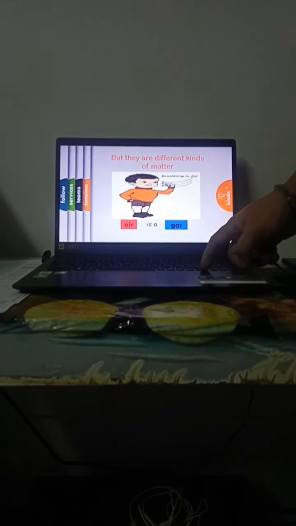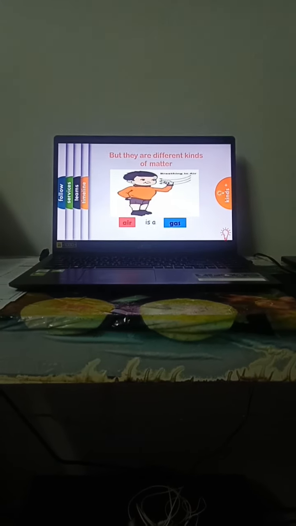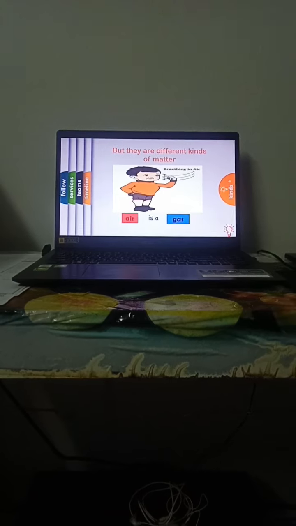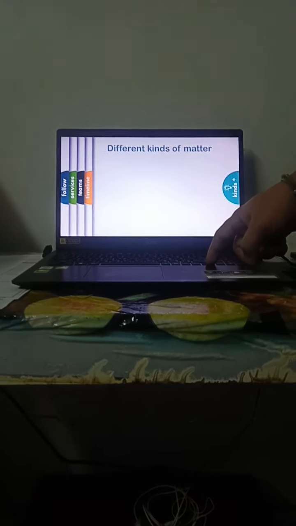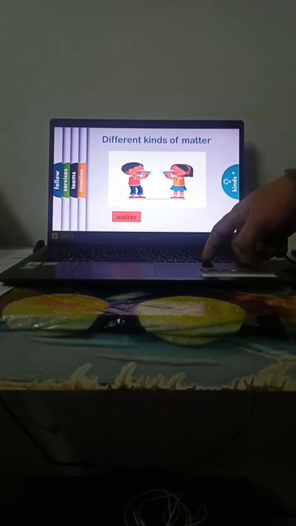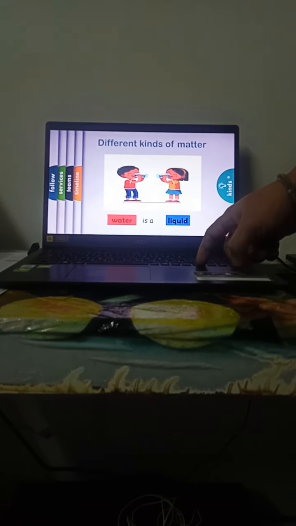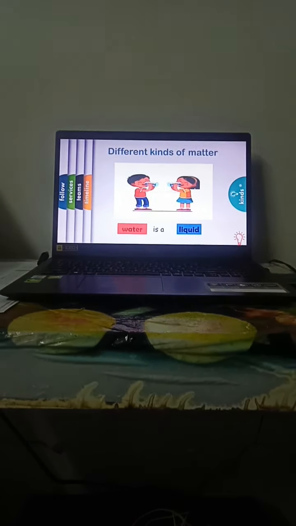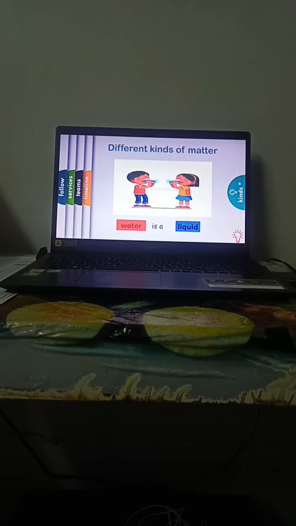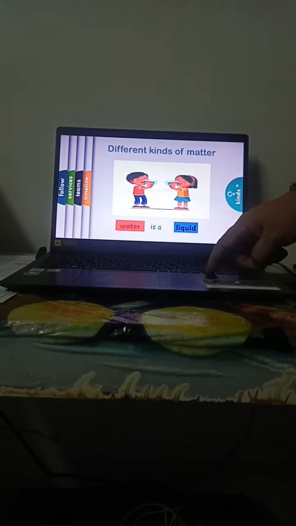The air you breathe is a gas that floats all around you. The water you drink is a liquid. It flows smoothly down your throat.